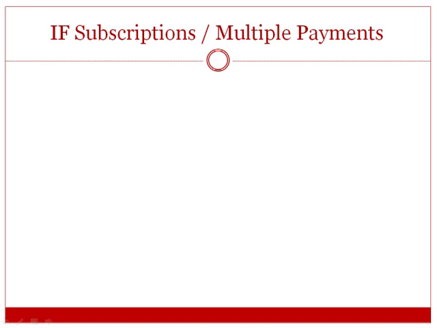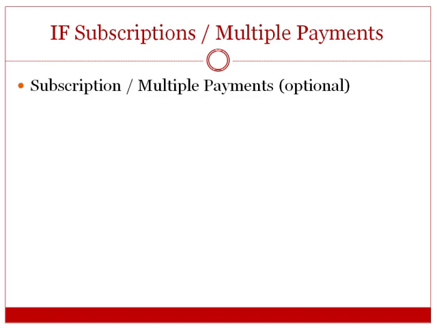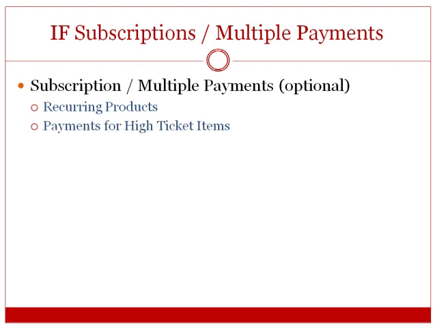Let's say you know that for a fact somebody's not going to pay $1,000 up front, but if they could afford it, they would pay $100 or $200 a month. That would be an option there. So if you go this route, this is an option. It applies to recurring products and payments for high ticket items or low ticket items if your audience are unable to pay a certain amount.